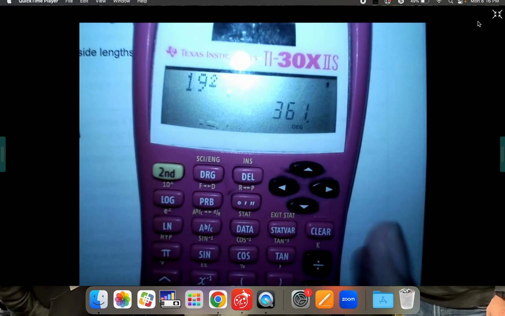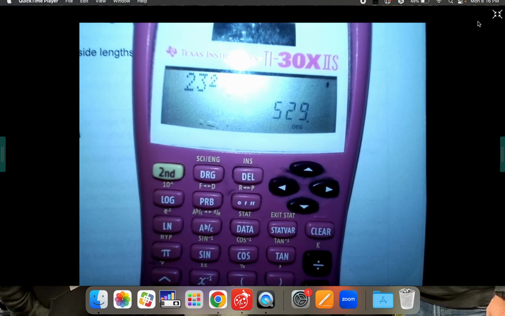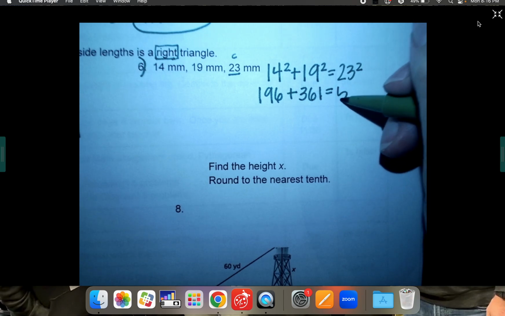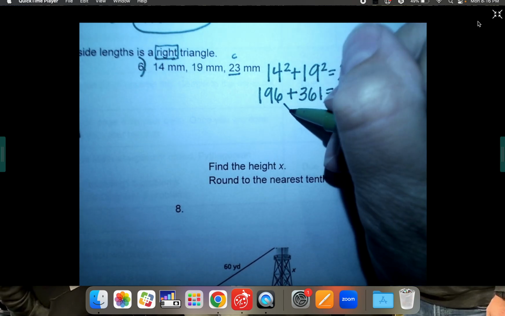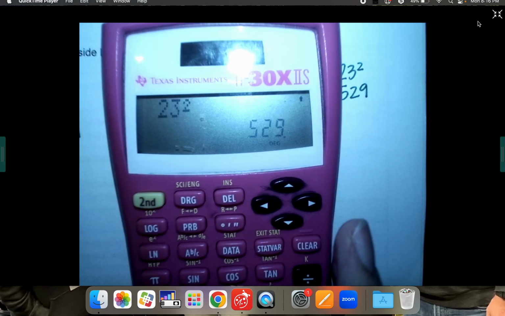And 23 squared is 529. All right, so let me add 196 plus 361.